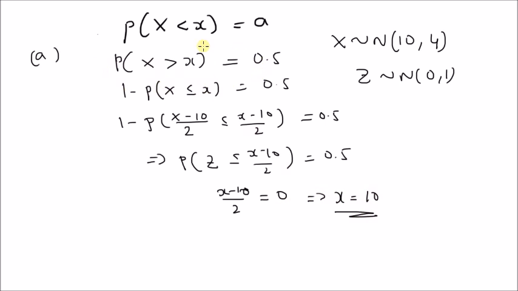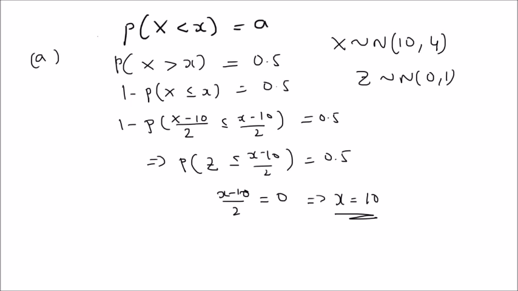The solution to this equation when X is a normal random variable with mean 10 and variance 4 is x equal to 10, which makes sense because at x equal to 10, the area under the curve of the normal density function is 0.5. That is what we see here.